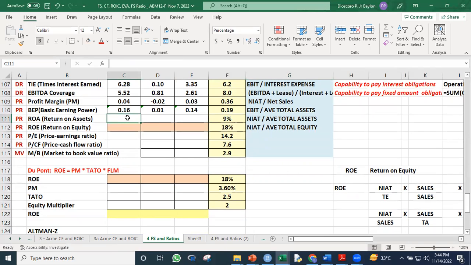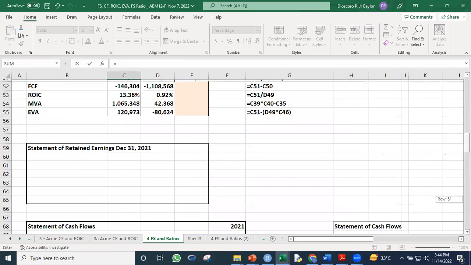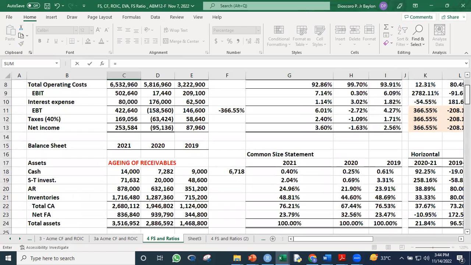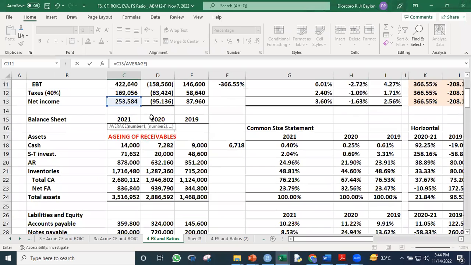Ang return on assets natin, we know the net income. Net income is this one divided by average of our total assets. This one.